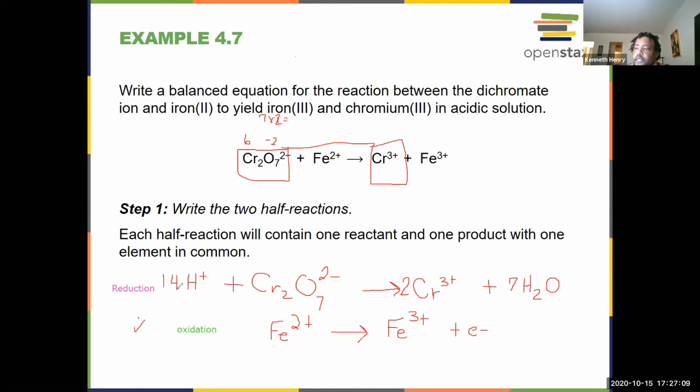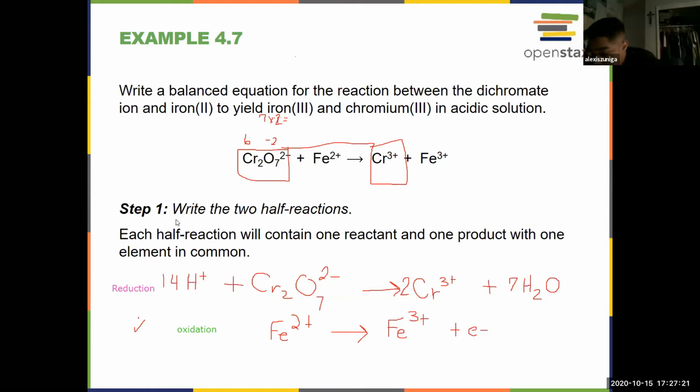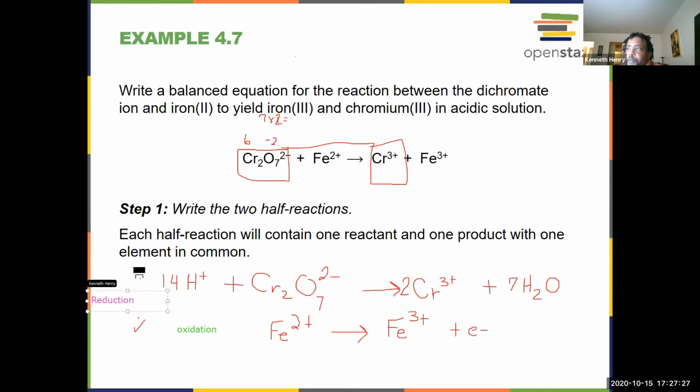Okay. And so overall, the charges are going to have to be even on both sides. Are the charges even? How many positive charges do I have over here? 14.